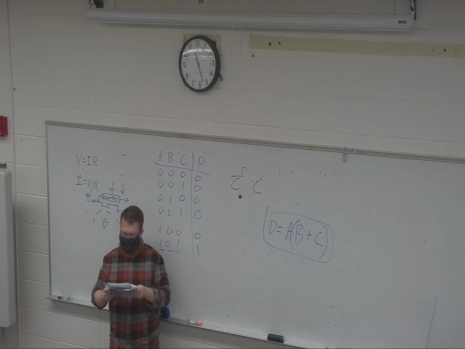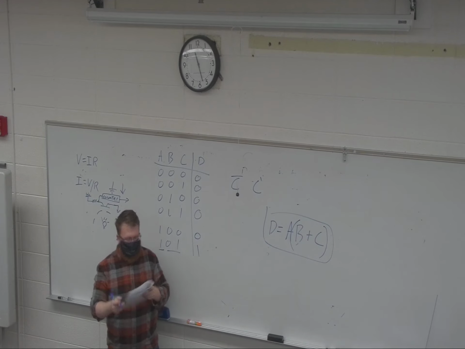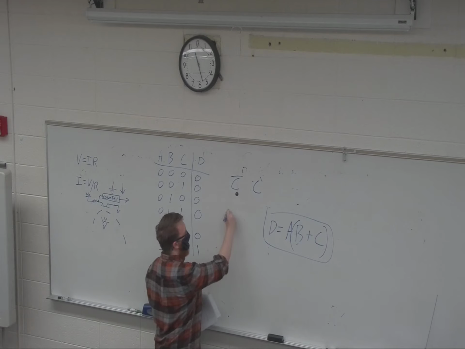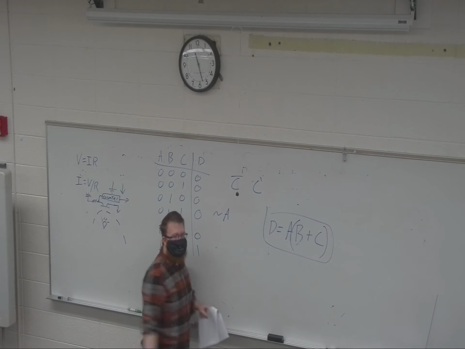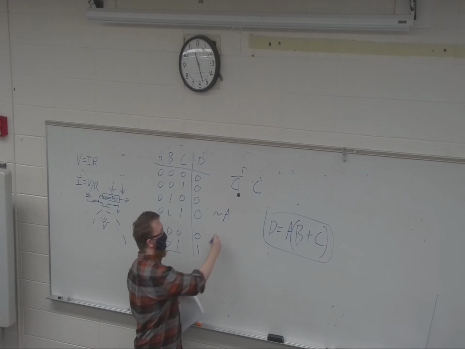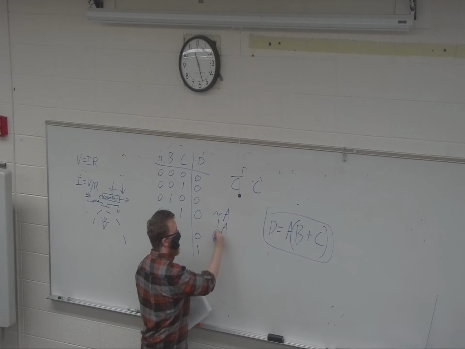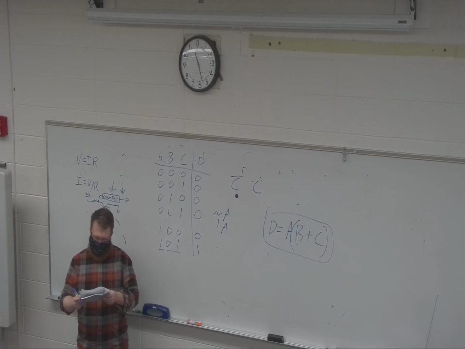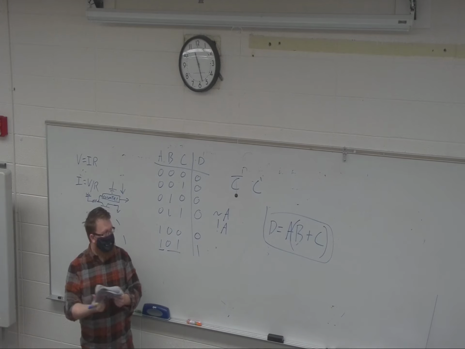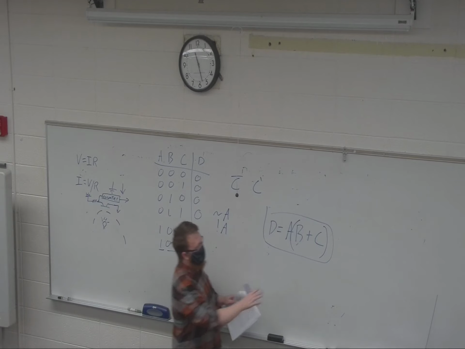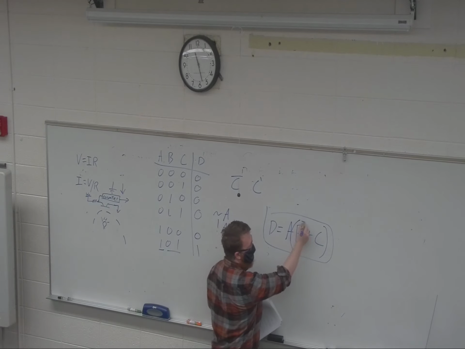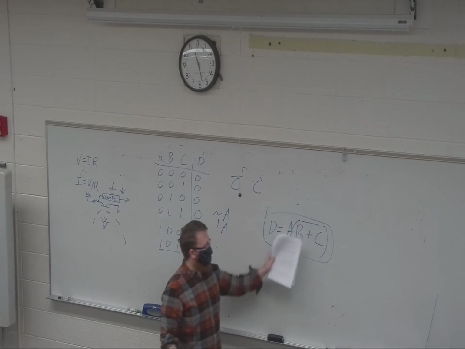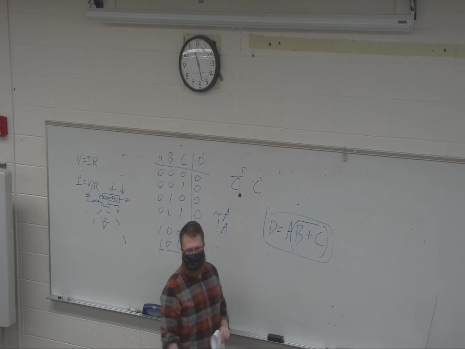That comes from old programming languages, but the book also points out that they'll do the tilde. There are some programming languages that use the exclamation mark. Similarly for this, I can say not B or C. I can put the bar over the whole thing, right?